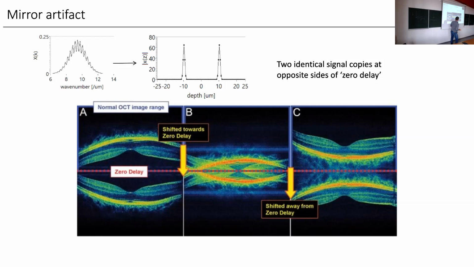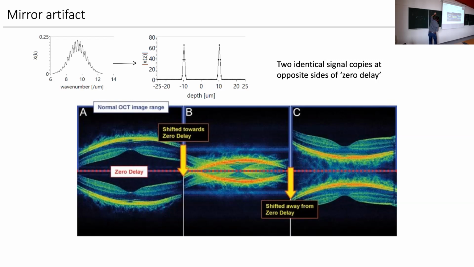So here it is easy because now you know okay, everything below zero is rubbish and everything above it is fine. But let's say I have some tissue signal here and some tissue signal here mirrored, then I can still say okay, I'm going to throw this away.